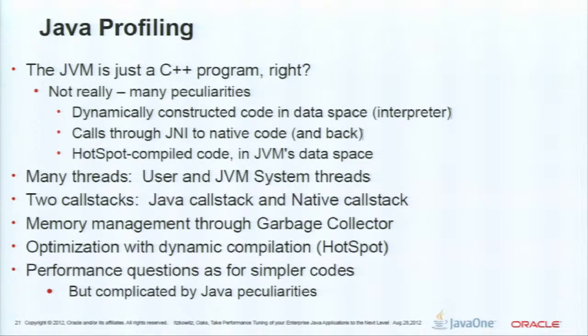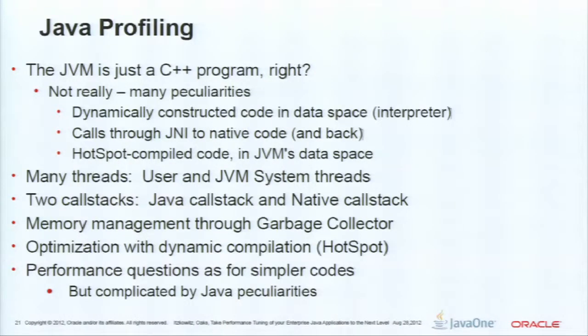There are also two call stacks that are relevant when you talk about profiling a Java program. If you stop it at any point and try to unwind the stack, you can do a Java stack, which tells you where in the context of the Java program the program is, or you can do a native stack, which tells you what's actually going on in the machine instructions.